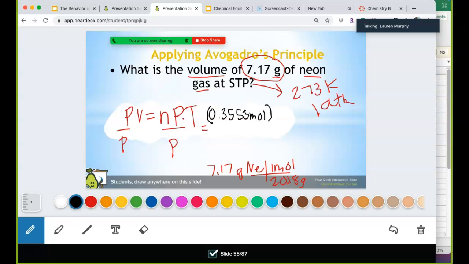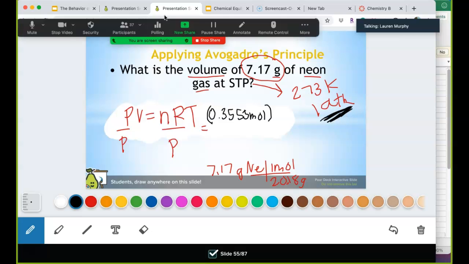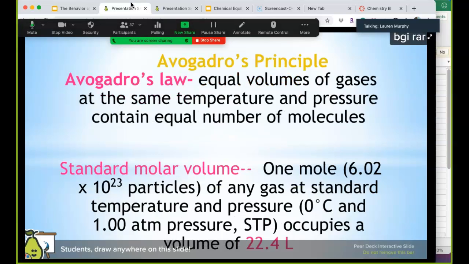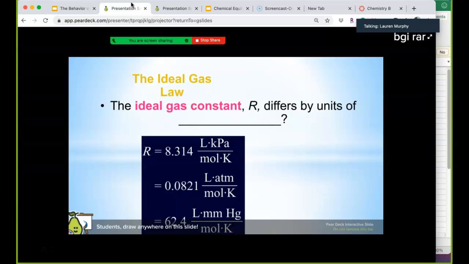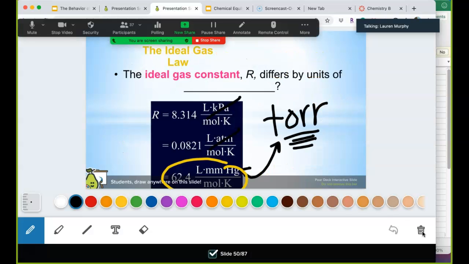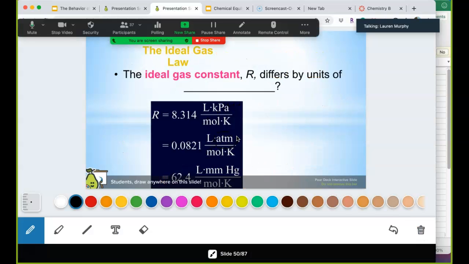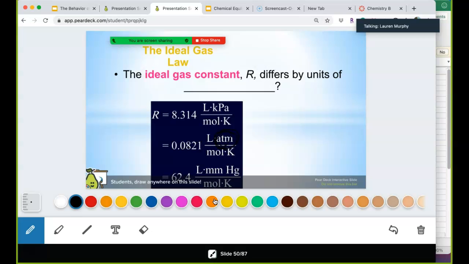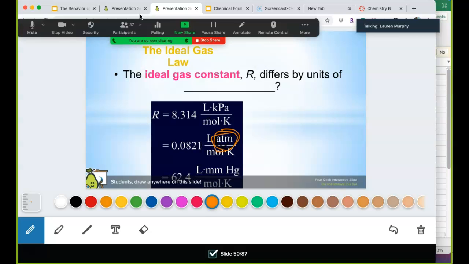And then the R constant we're going to use is the one that belongs to atmospheres because that is the pressure unit I'm using. So again, I'll reference back. You do not need to memorize these R constants. You just need to know how to use them. This is the one that has atmospheres in it. So this is the one I'm going to use.